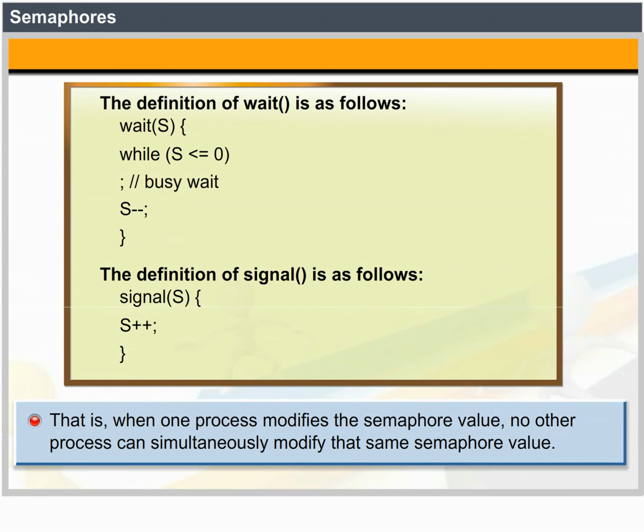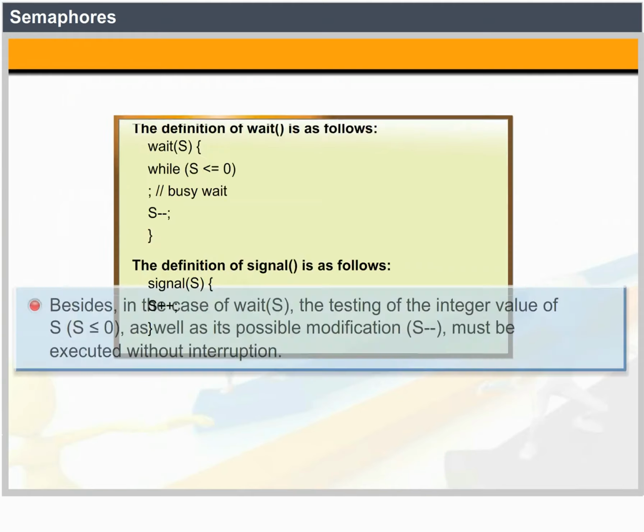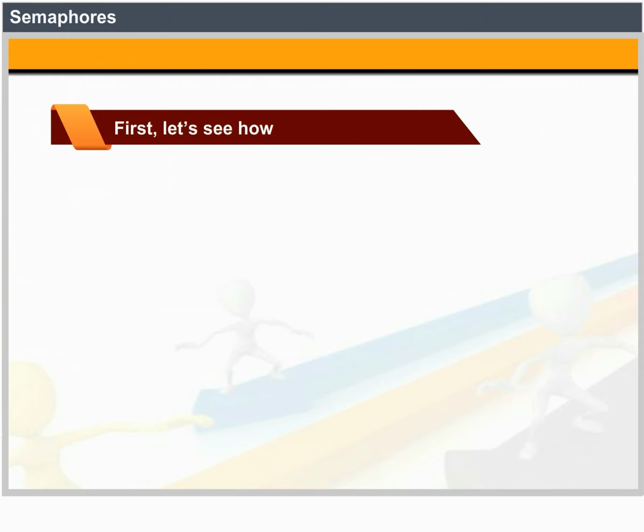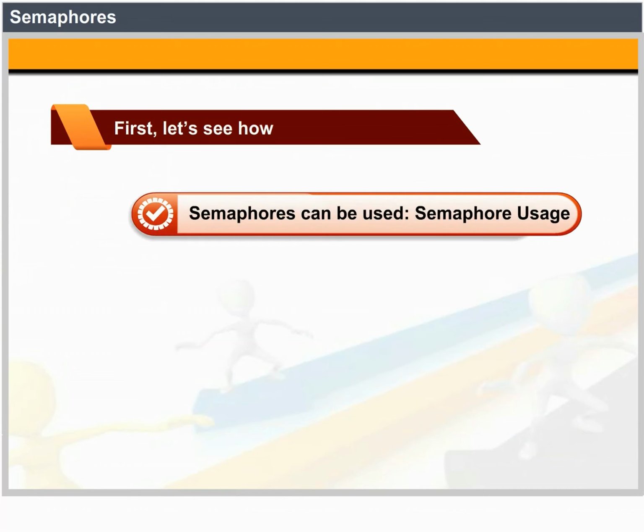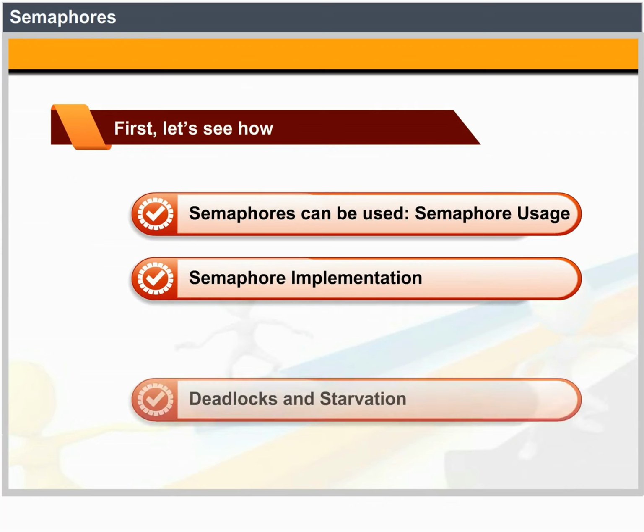In addition, in the case of wait S, the testing of the integer value of S, S less than or equal to 0, as well as its possible modification, S minus minus, must be executed without interruption. First, let's see how semaphores can be used: Semaphore Usage, Semaphore Implementation, Deadlocks and Starvation, Priority Inversion.